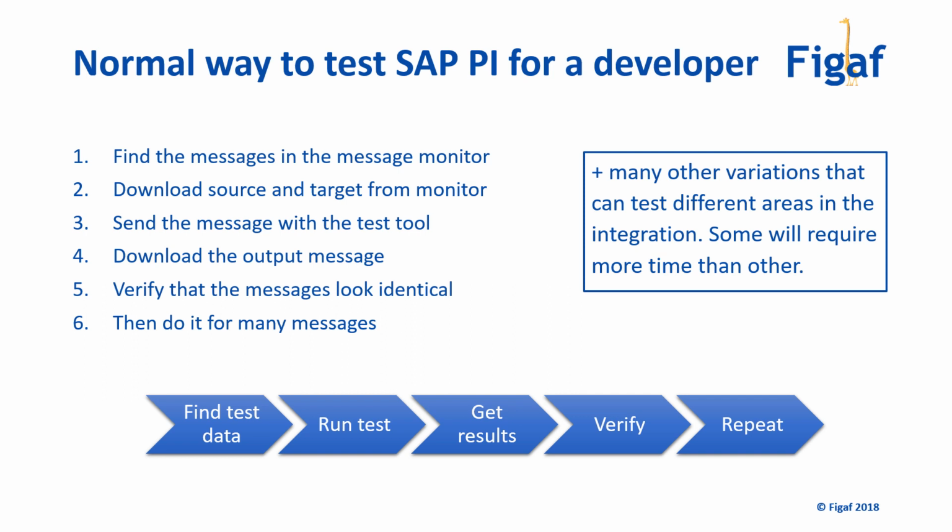He would send a test message in on the test system, download the output file, verify that it looks identical, and then repeat it for all the different messages and tests you want to run. Well, it becomes quite tedious and a lot of different work to ensure that this works as you want it to.